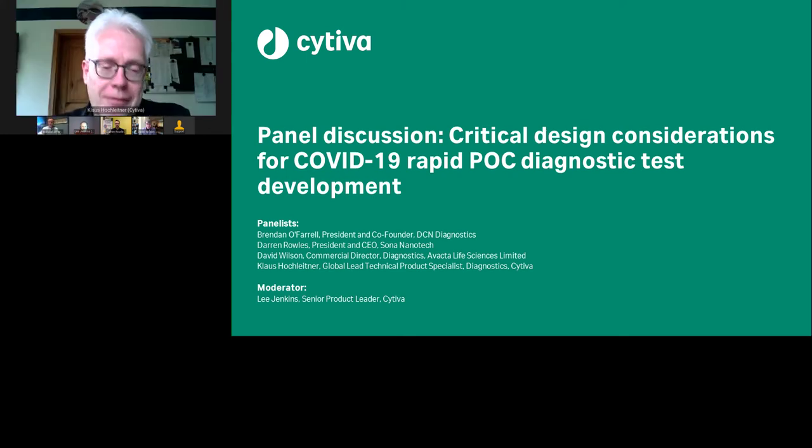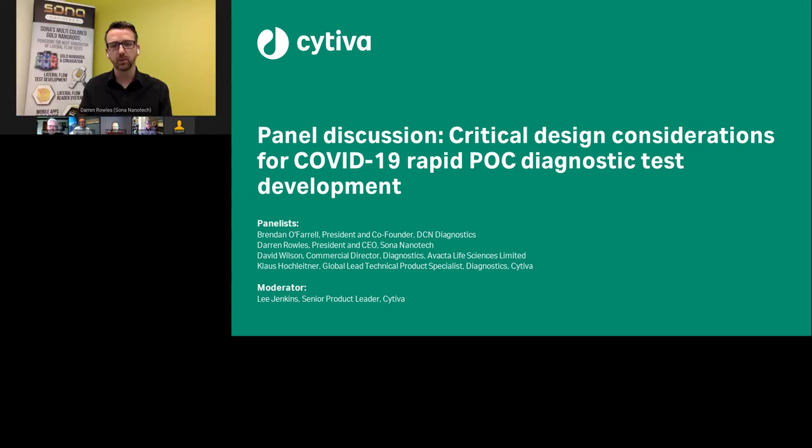Yeah, I think the sensitivity issue, Klaus, that you brought up, and we've had numerous conversations about this over the past few weeks. As you say, it's a major challenge for anybody developing a test, trying to get that sensitivity level down. I think we've discussed whether you need to get viral load readings down to the 10 to the 2, 10 to the 3 level, just to get a sense of the limit of detection of these tests, and if not lower, to detect viral loads in patients.